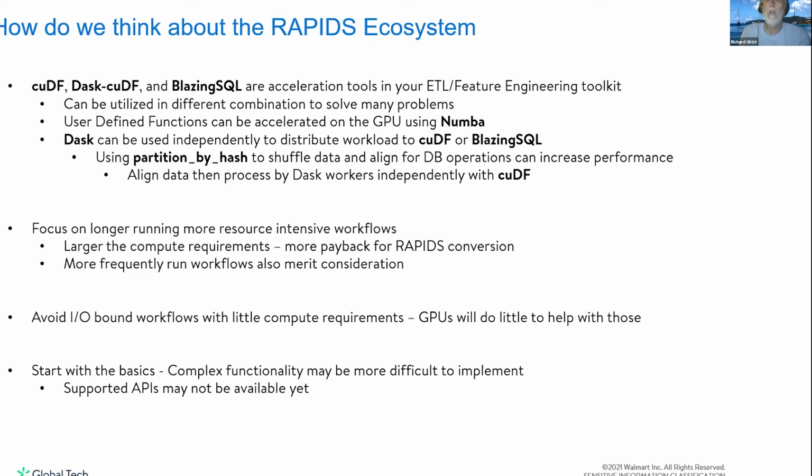So we try to avoid the ones that are IO bound and focus more on the ones that are compute bound. And another thing, because RAPIDS is an open source community, there are a lot of features that have been implemented, but there are still others that haven't been implemented yet. So keeping your finger on the pulse of what's going on in the community, understanding what features you need, working with the community to help get those features enabled, and avoiding workflows that have features that are not enabled are a couple of things that we do.